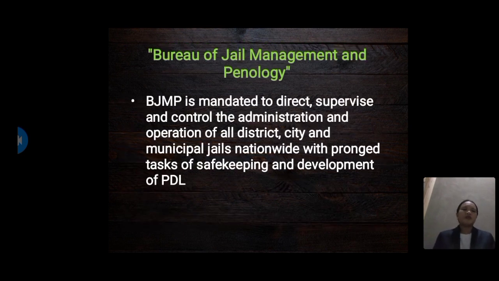BJMP is mandated to direct, supervise, and control the administration and operation of all district, city, and municipal jails nationwide with the task of safekeeping and development of PDL.